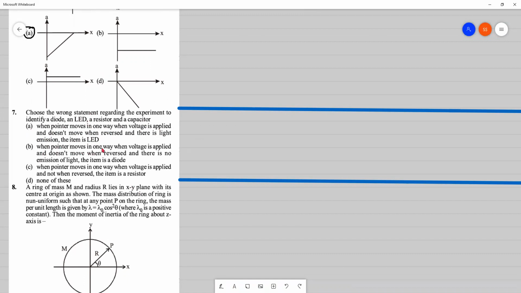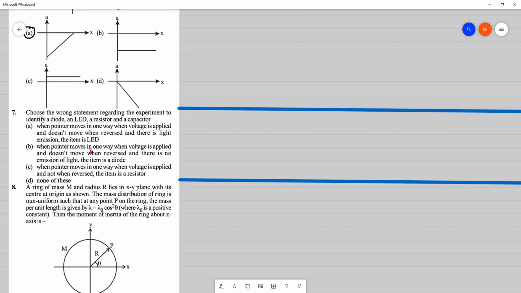When a pointer moves in one way when the voltage is applied and does not move in reverse, and there is no emission of light, the item is a diode. Sorry, it's the second point.